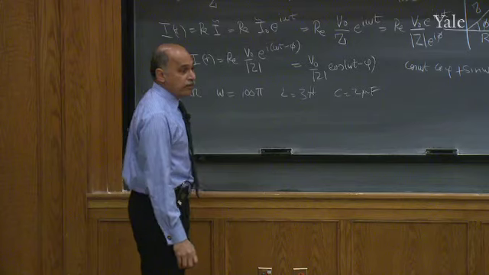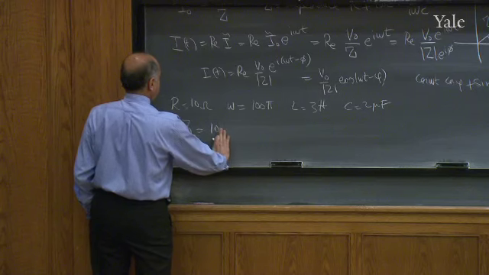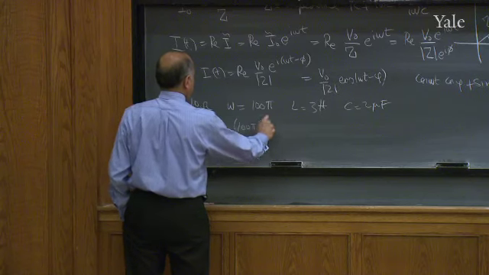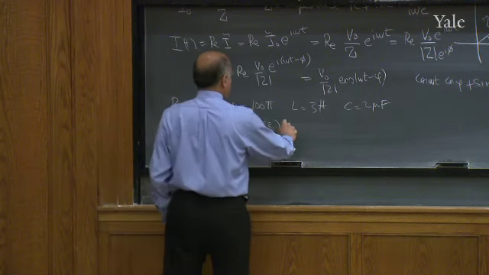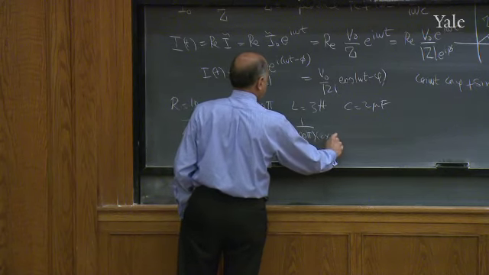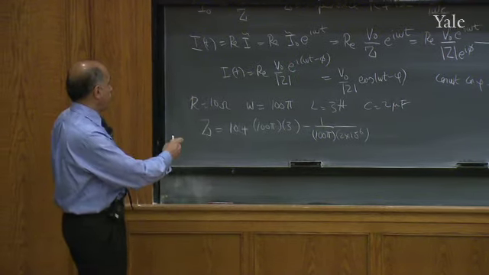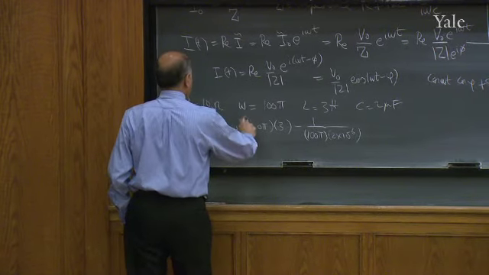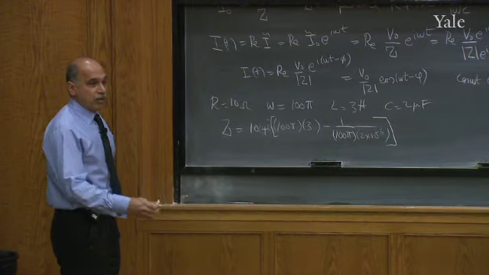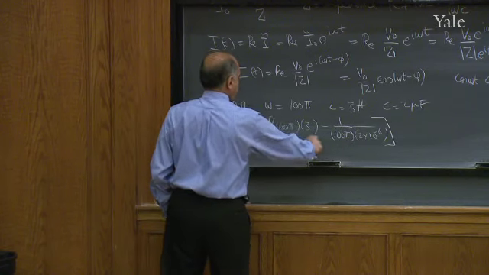You can find Z. Z for this circuit will be 10, plus omega L, which will be 100 pi times 3 henries, minus 1 over omega C, which is 100 pi times 2 times 10 to the minus 6. That's some complex number. I forgot the I here. That is a complex number. I don't want to calculate it. It's whatever it is. And then it's got a real part, which is 10, an imaginary part, which is the algebraic sum of these two.